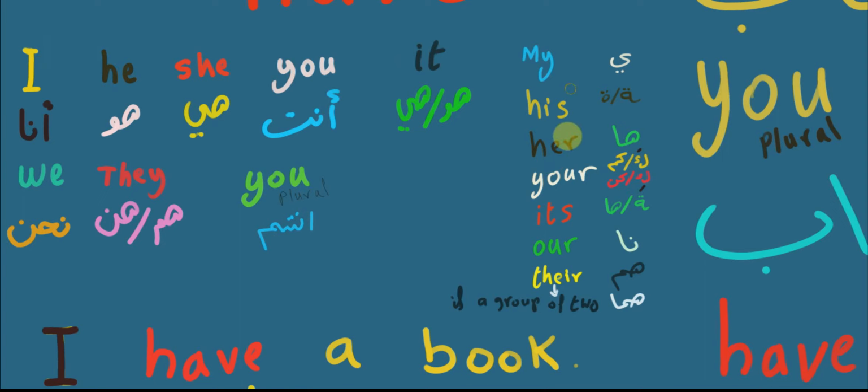The possessive pronouns we used so far: my is indicated by this e attached to the noun in this case, or the nouns, and his, ha, if it's attached to the word, or if it's separated.